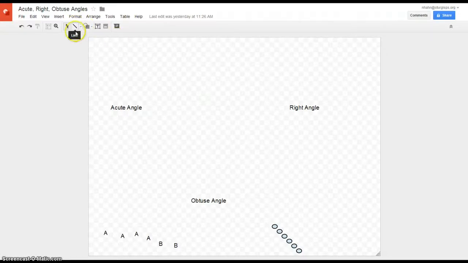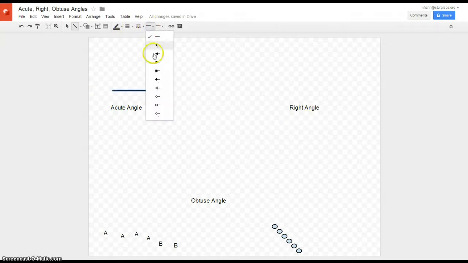So first I'm going to make two rays, and I'm going to start here. Here's my first ray. I need to start with a point and end with an arrowhead, and then I'm going to draw another ray to make it smaller than 90.